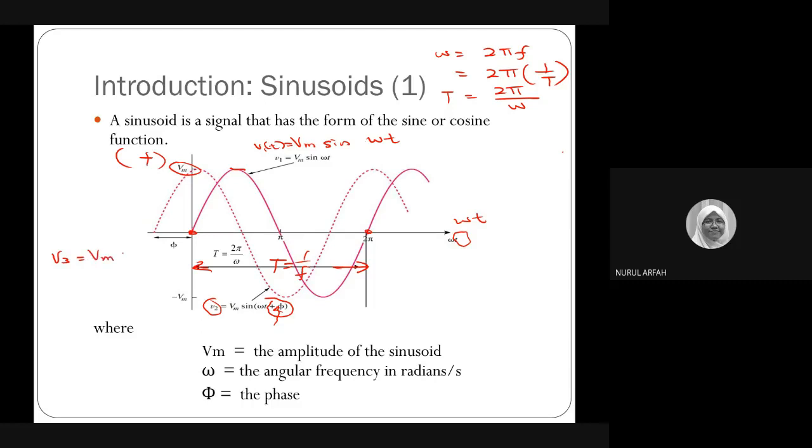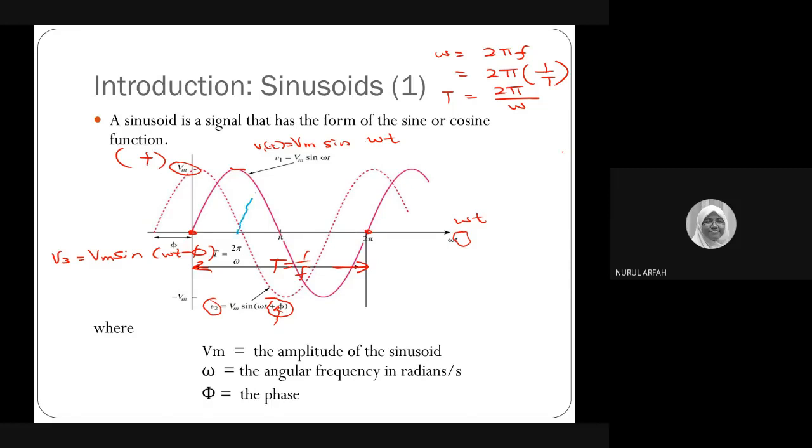which has sine and then omega t, maybe this is minus some phase, then you should know that this one will start from the right side of the graph.